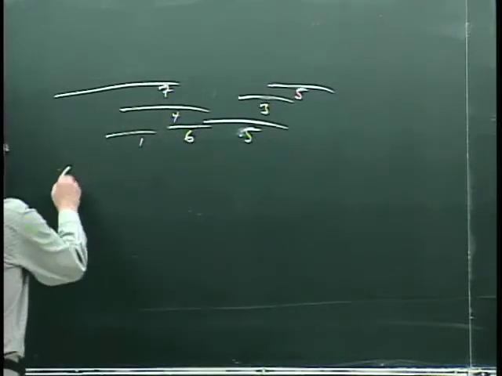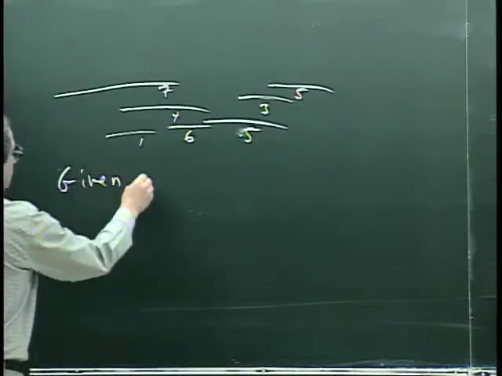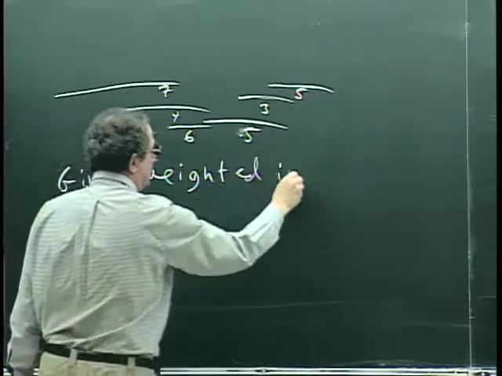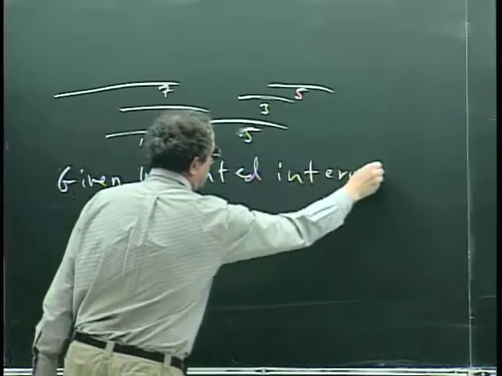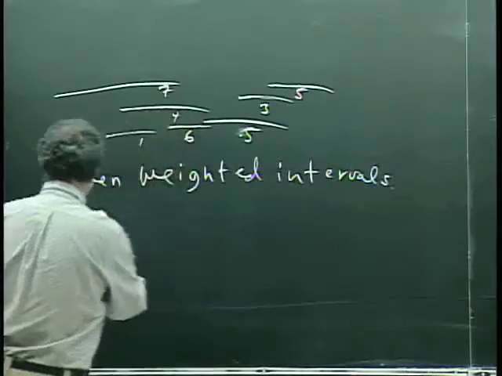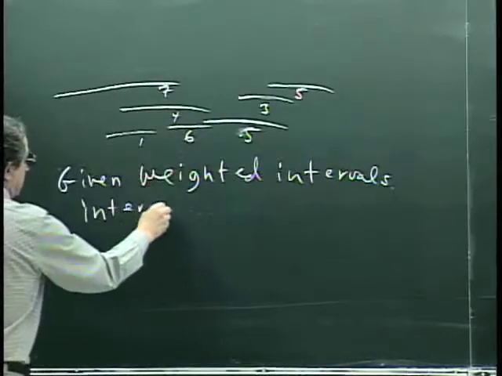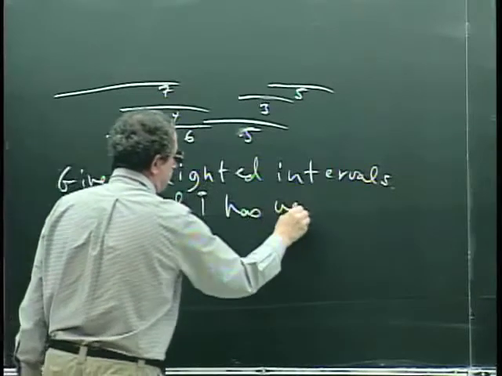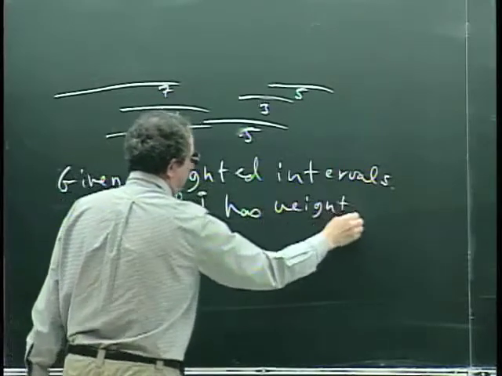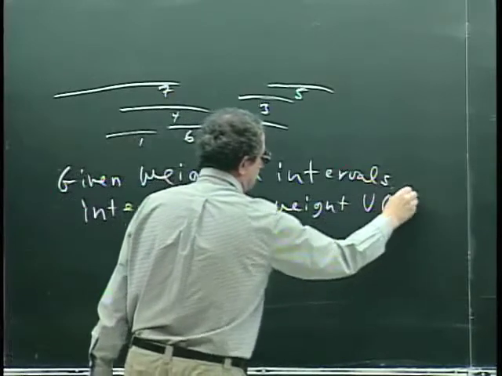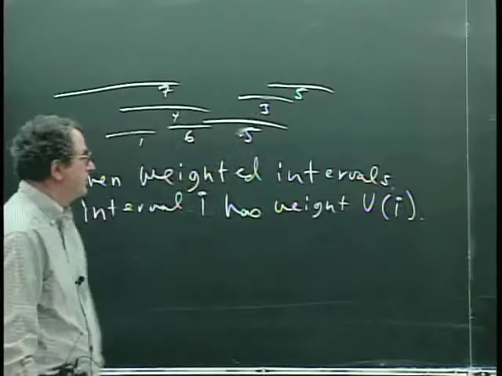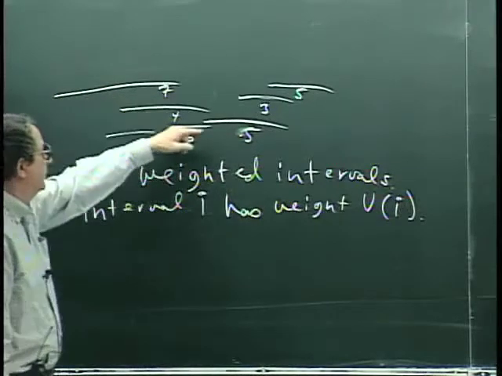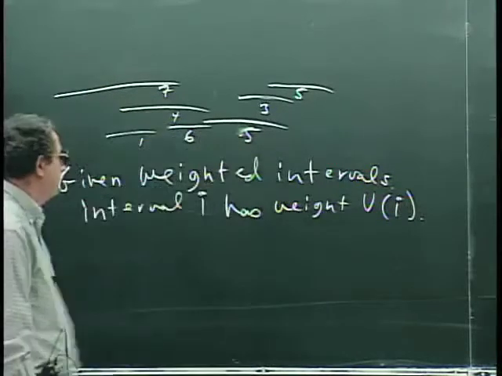So we're given what I'll call weighted intervals. Interval I has weight or value VI. This is just some number associated with interval I. So here's an interval, its associated value is 7. Here's an interval, its associated value is 5.